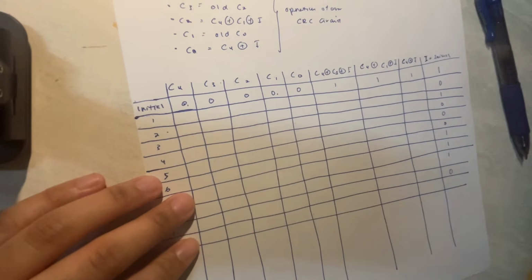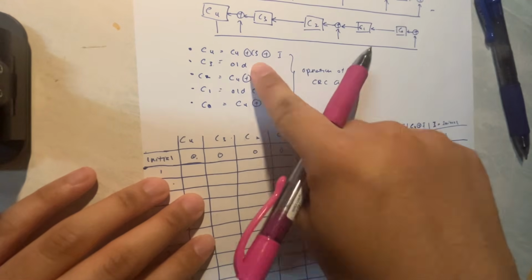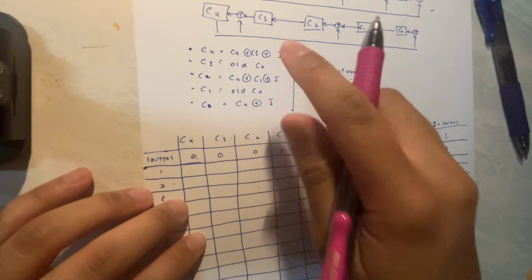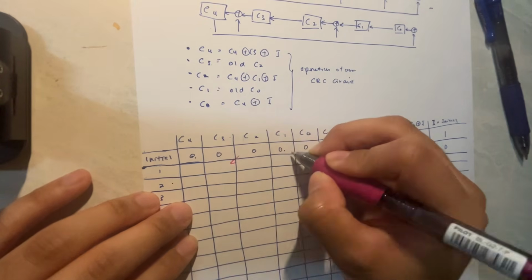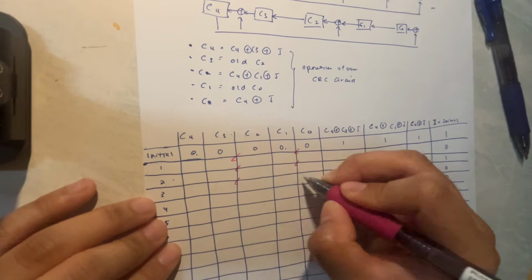So what you're going to do next, for the next iteration, like I said previously, is that C3 and C1 take the old C2 and C0. So you're just going to do this for each row, all rows basically.